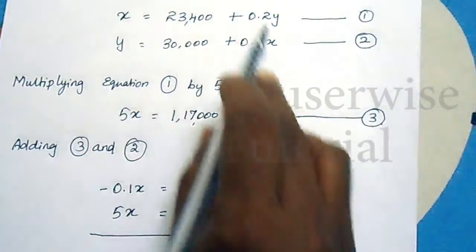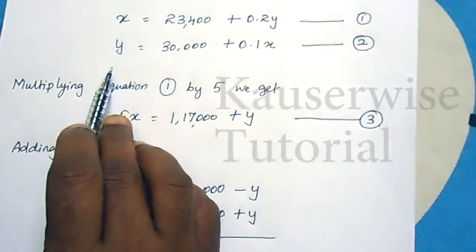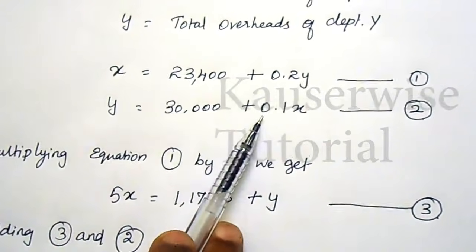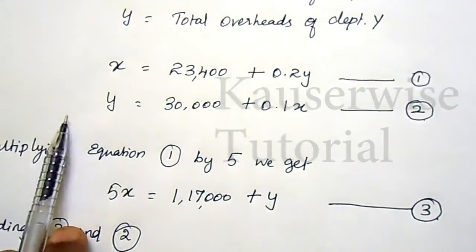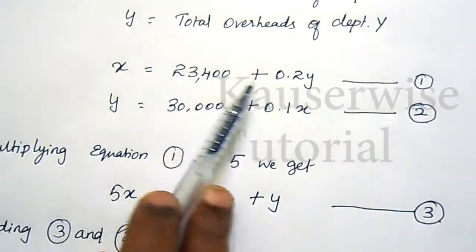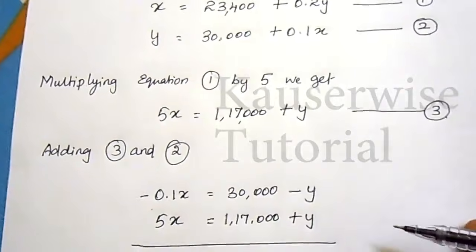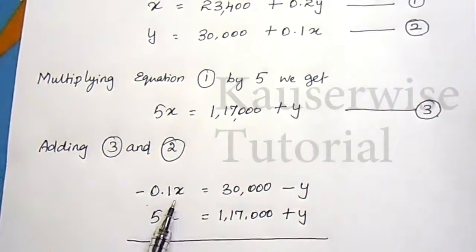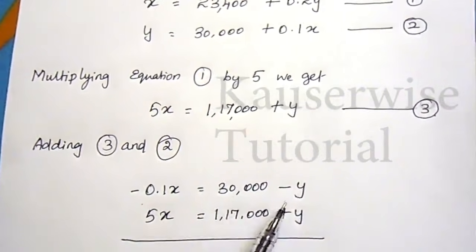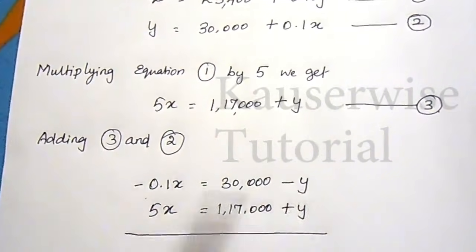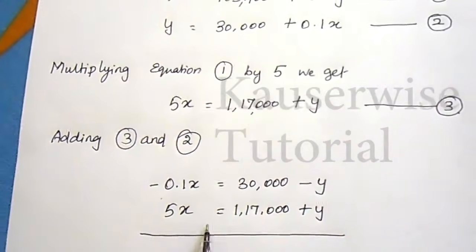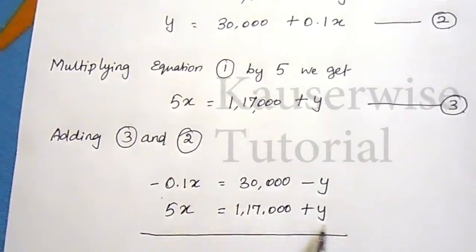When we transfer a value to the other side, the plus will be converted into minus. Look at the next step. The second equation is converted as minus 0.1x is equal to 30,000 minus y. We have just interchanged the x and y values. And the third equation as it is, 5x is equal to 1,17,000 plus y.